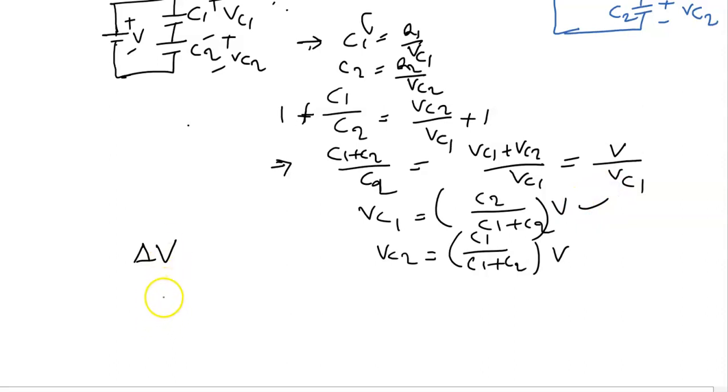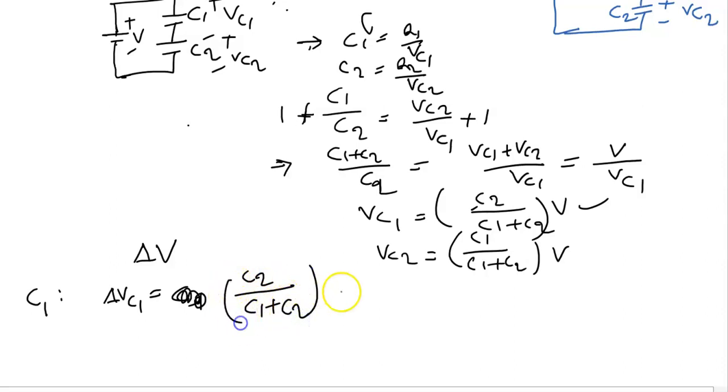So that change in voltage I can write like this: change in voltage for capacitor C1, or I can say del V C1, is equal to C2 upon C1 plus C2 into del V, because this is the overall change across both the capacitors.